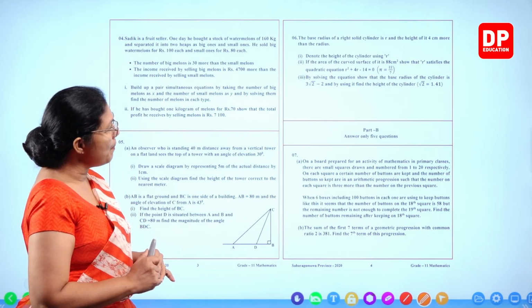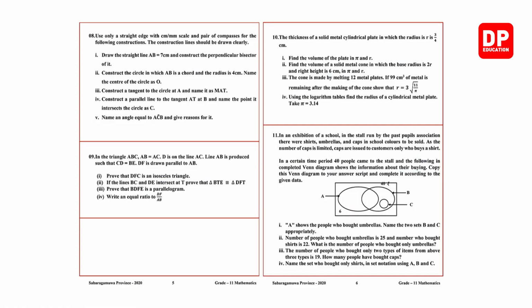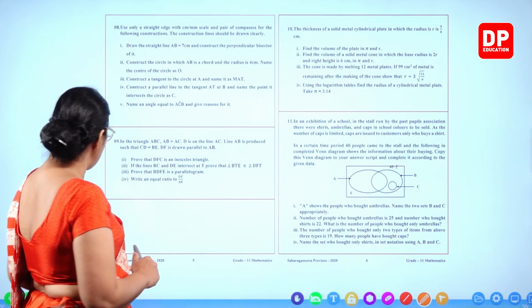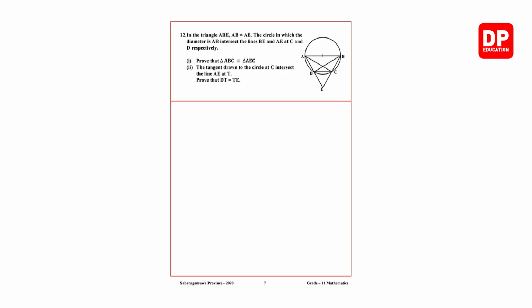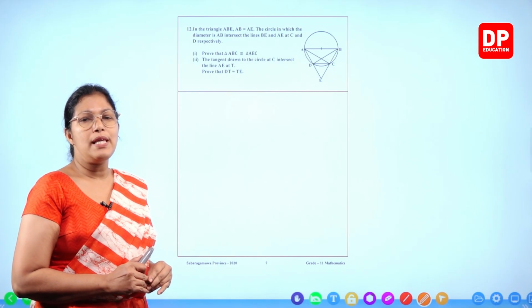Then you get part B. 7th question, then question number 8, 9, 10, 11, and 12. You have to select only 5 questions out of 6 in part B as well.